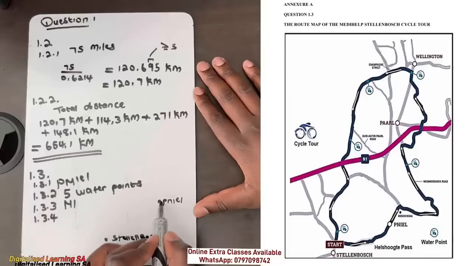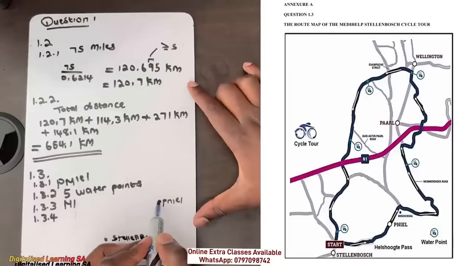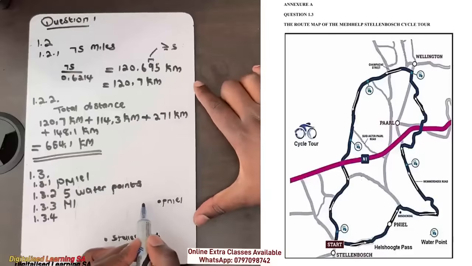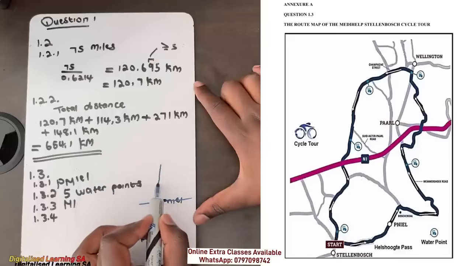So if we are here, maybe we can just use a different marker for it to be more understandable. So if we are here, this will be our center. So we can just use our general direction map.